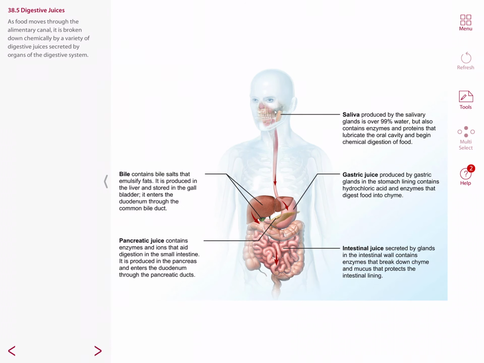When we get to breaking these things down, when we're breaking food down, we've got different accessory organs, and they'll all contribute slightly different products to this process. The saliva, which is mostly water, but we've also got some enzymes in there, some salivary amylase, and these will help us break down starches. So right in the beginning, we're breaking down food right out of the gate, both mechanically and chemically.